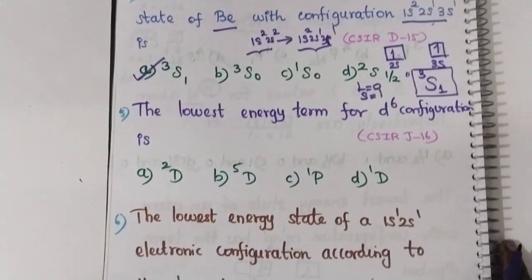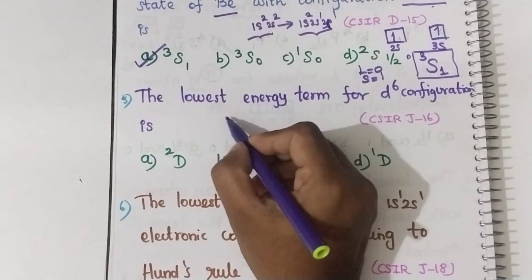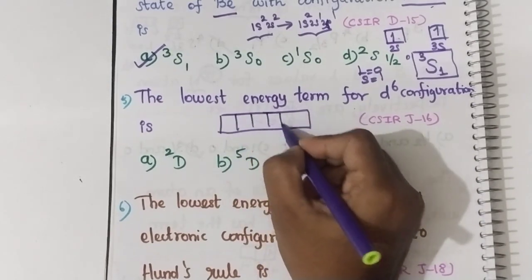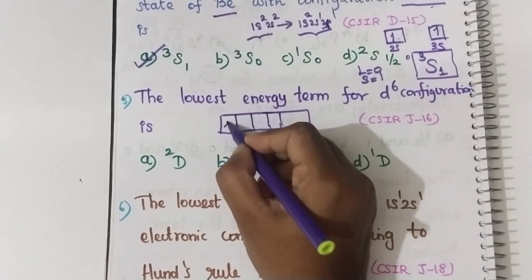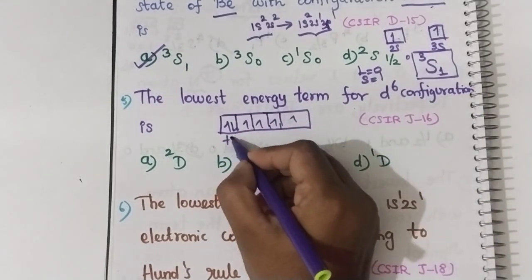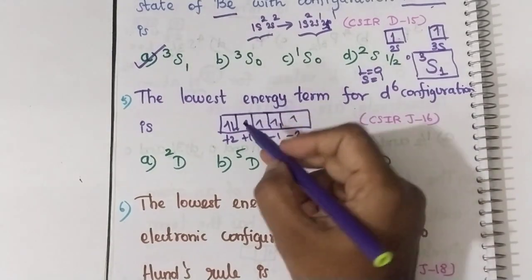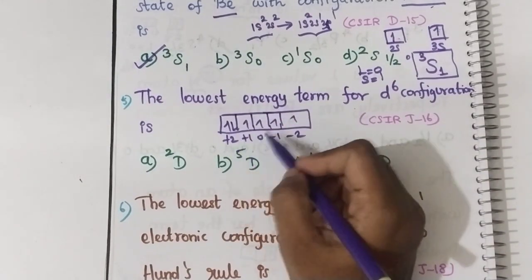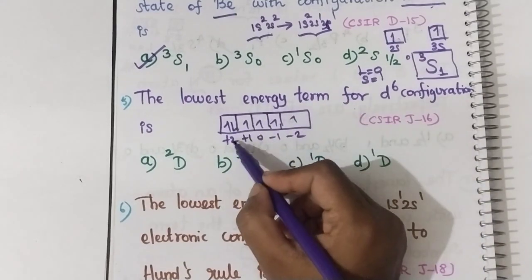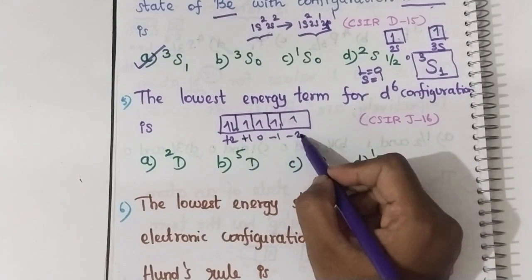Right? Now see here, the lowest energy term for d6 configuration. They have given you a d6 configuration. So to draw the d orbitals, 1, 2, 3, 4, 5, it is 6. Plus 2, plus 1, 0, minus 1, minus 2. If it is d5, then all would be cancelled. So in this case, you have to add all these values, right? Plus 2 plus 1, it is plus 3. And here also minus 3.